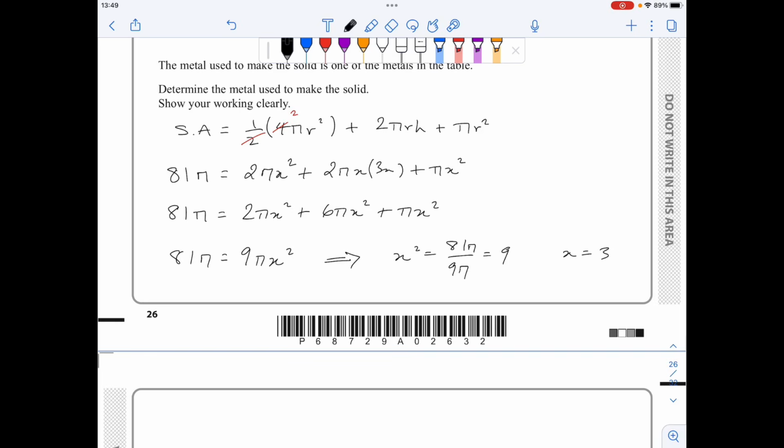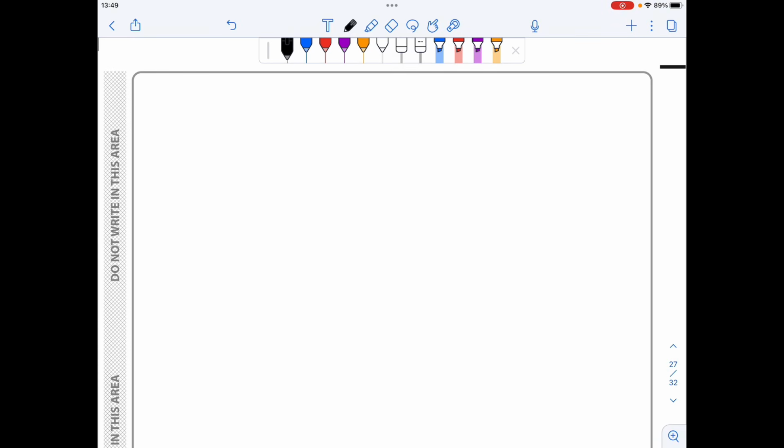To find the volume, I will add half a volume of a sphere plus the volume of a cylinder, so that's 2/3 pi 3 to the power of 3 plus pi 3 squared times 9 for the height.